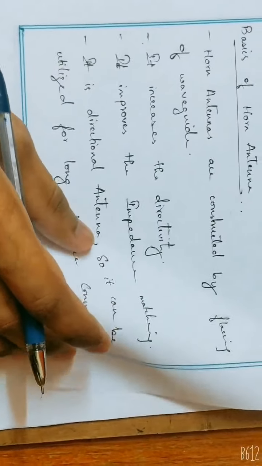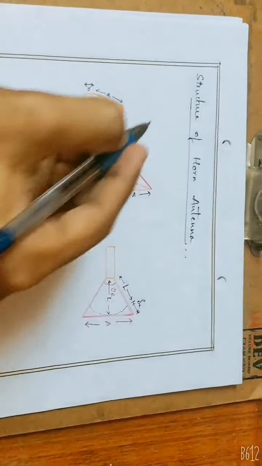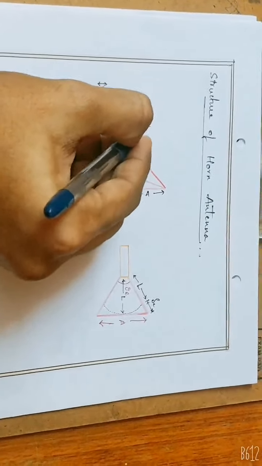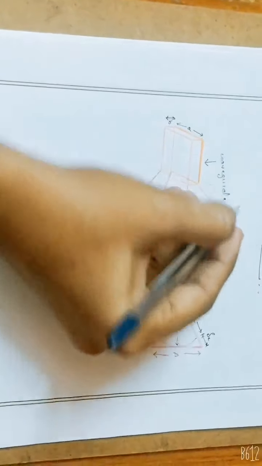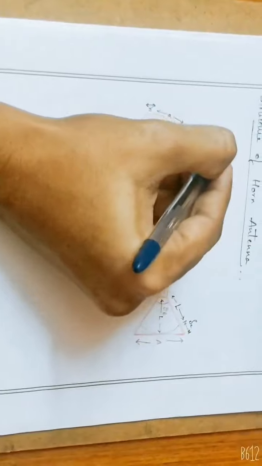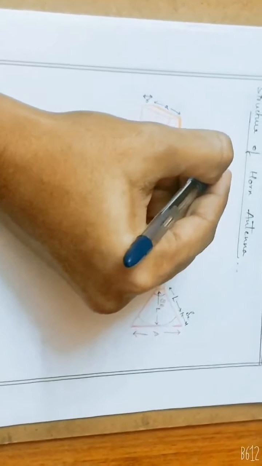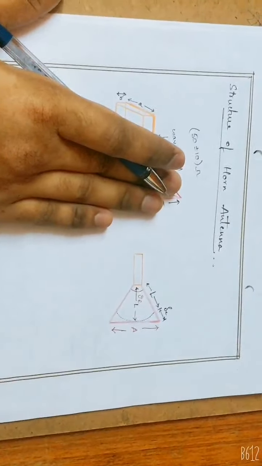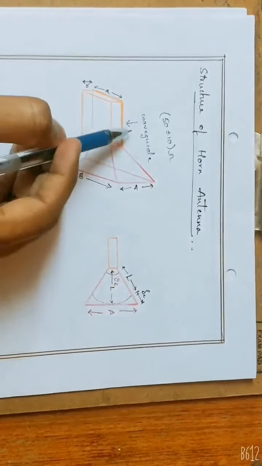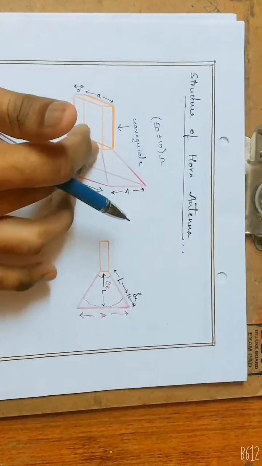So we are going to proceed with the structure of horn antenna. Basically this part is called a waveguide, which has an impedance range of 50 plus or minus 10 ohms. Let us consider that the waveguide is open at this side.